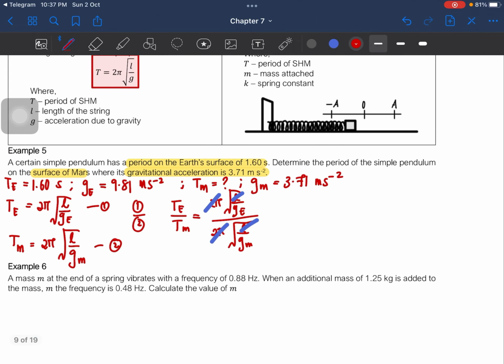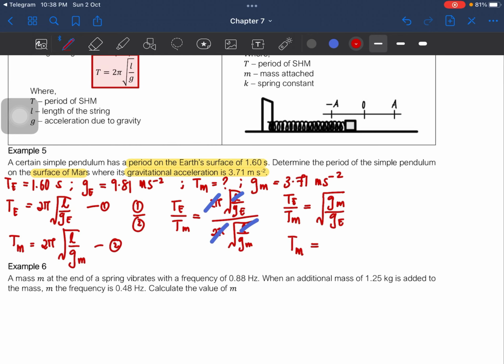The simplified version of this will be T Earth over the period on Mars equal to square root of g Mars over g Earth. From here we just need to find the period on the surface of Mars. So let's solve it.